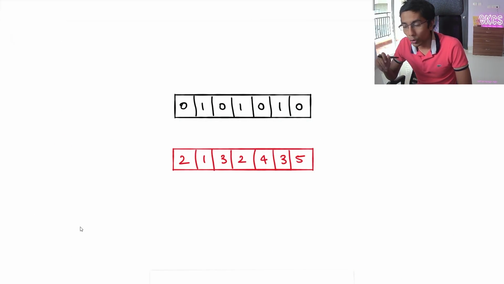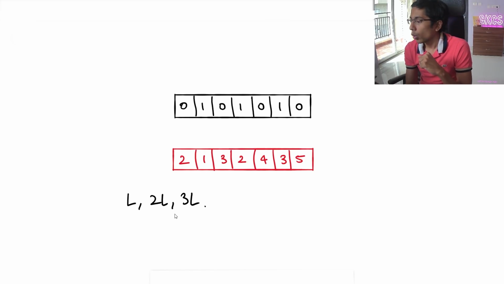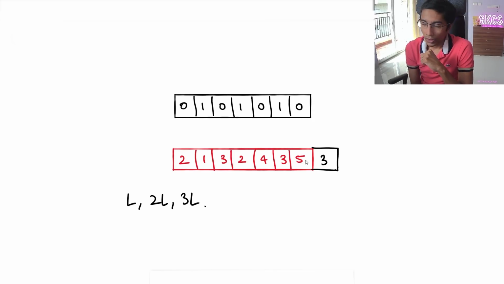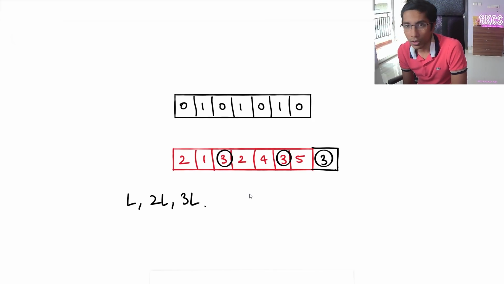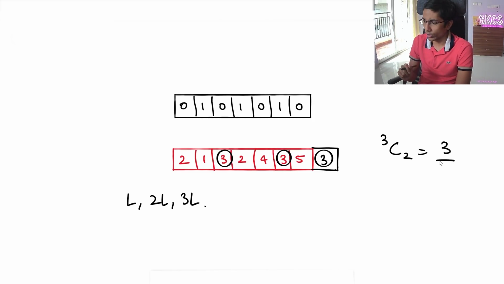The second observation we use here is that the length of our subarray is a factor of L, so that is L or 2L or 3L. Now, why is this important? You could have a number in the prefix sums equal to 3, and now we have 3 elements having prefix sum equal to 3. If we consider how many combinations we can make out of this, that will be 3C2, which is equal to 3. So you can make 3 subarrays according to this.